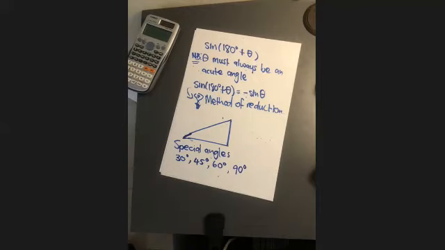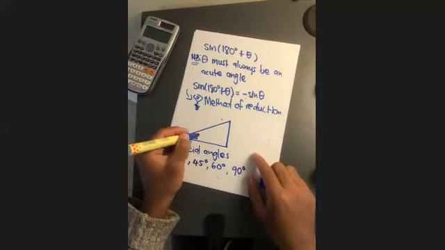These are angles that we must know, that we are bound to know, without the use of a calculator. So now say here we have 30 degrees.